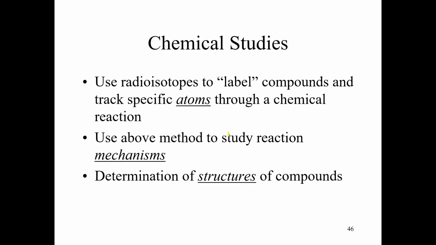This is the method that was used to essentially elucidate the mechanisms of the various reactions that form our metabolic pathways, right? So we can use them to study reaction mechanisms, we can use them to determine the structures of compounds, and so forth.